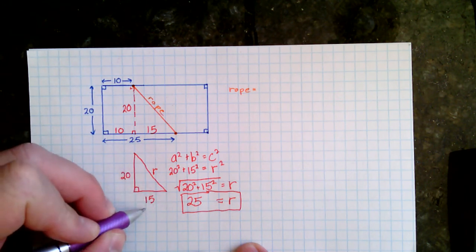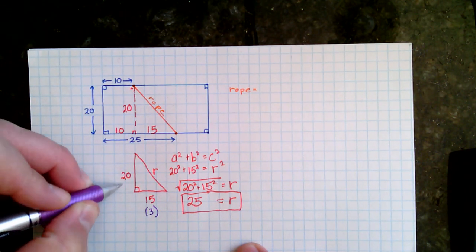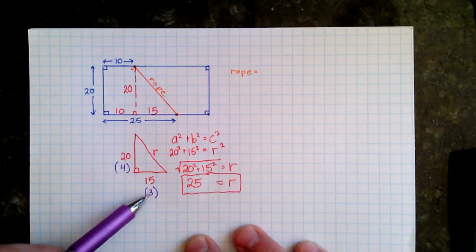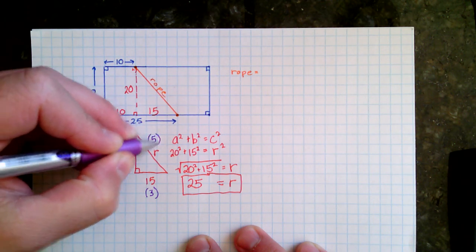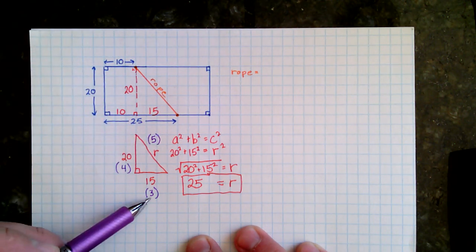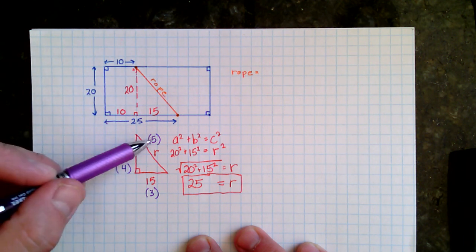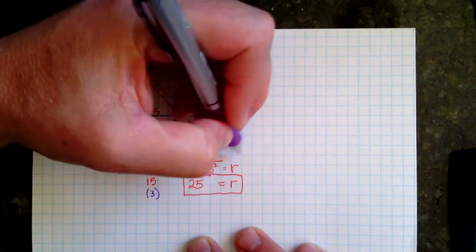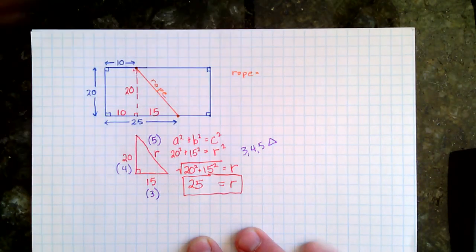So 5 goes into this 3 times, 5 goes into this 4 times, and then it should be apparent this is a 3, 4, 5 triangle. So 3 times 5 is 15, 4 times 5 is 20, and 5 times 5 is 25. So it's also a 3, 4, 5 right triangle.